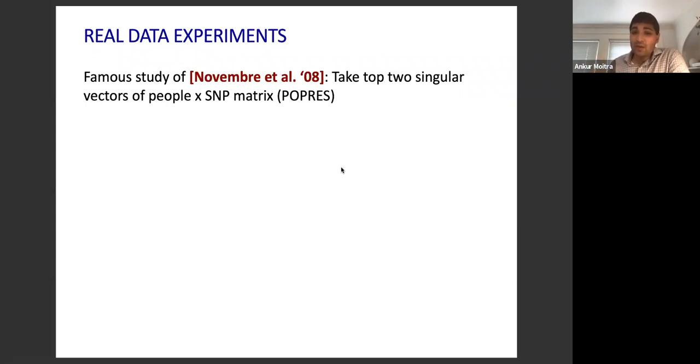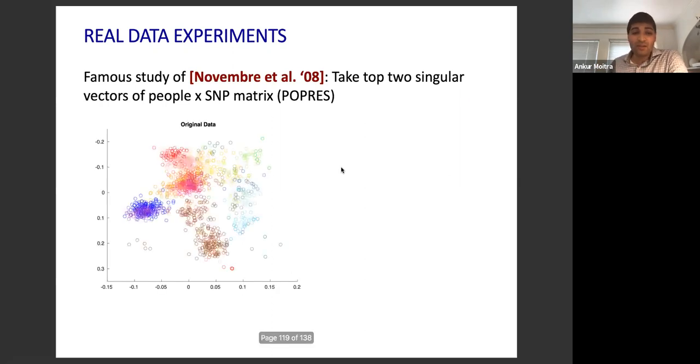And what you can do is you can take this giant matrix and you can take the top 2 singular vectors of it. Now, what that means from an optimization standpoint is you're taking your high-dimensional data set, the people as vectors over their SNPs, and you're asking what 2-dimensional projection maximizes the variance.